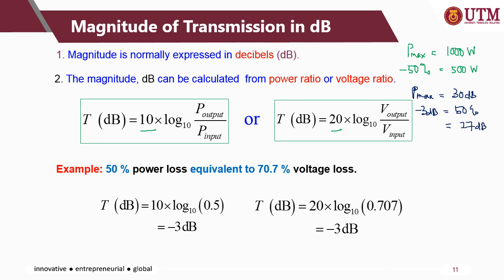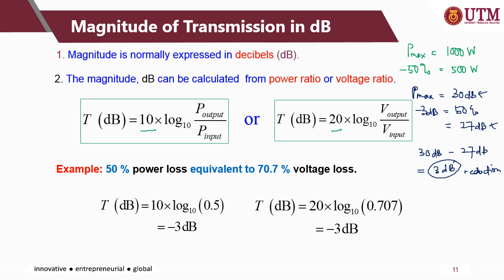If you compare the maximum to the 50% one, 30 dB minus 27 dB, you get a 3 dB reduction of the maximum power compared to the one at -3 dB. So you can see that there's 3 dB attenuation or reduction in power.